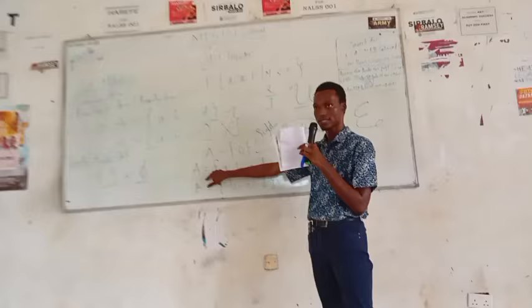Okay, capital letter A. A is a proper subset of B. Oh wait, let's take it with respect to this example we have here. So you now think that B is a proper subset of what? Of A. Okay, let's have it. B is a proper subset of A.